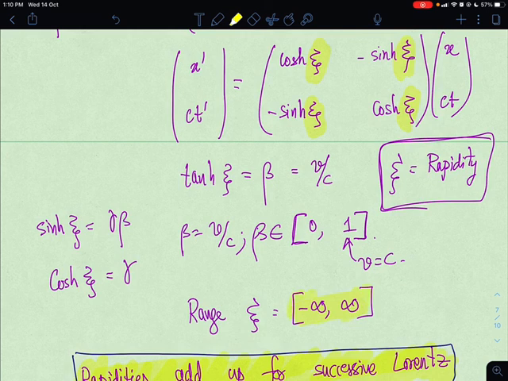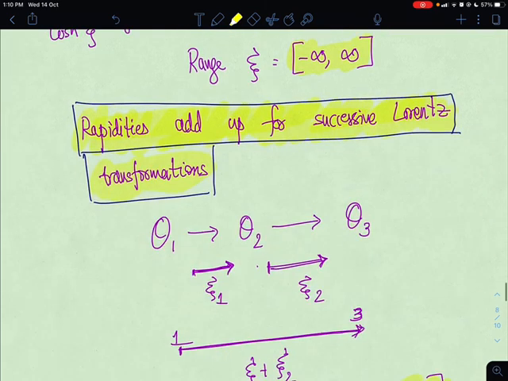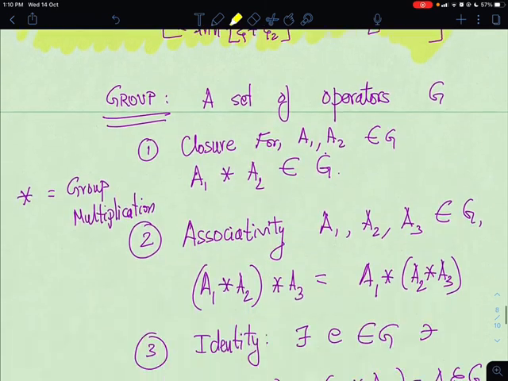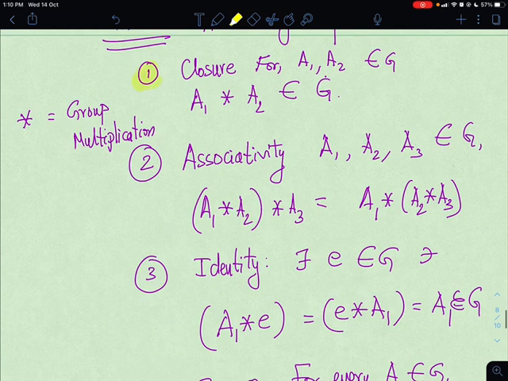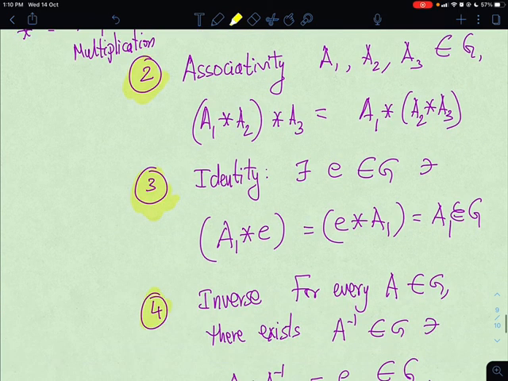There are infinite Lorenz transformations possible as xi takes values. All of them belong to one set, the Lorenz transformation set. And you can check that it satisfies closure, associativity, identity, and inverse. It satisfies all this.